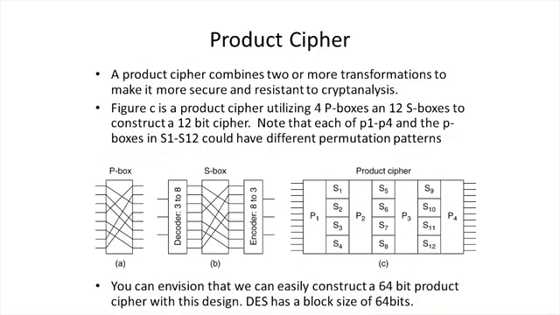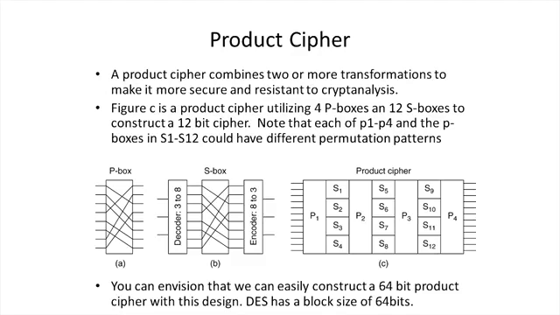A product cipher combines 2 or more transformations to make it more secure and resistant to cryptanalysis. Figure C on the right-hand side here is a product cipher utilizing 4 P boxes. In between are 12 S boxes to construct a 12-bit cipher.